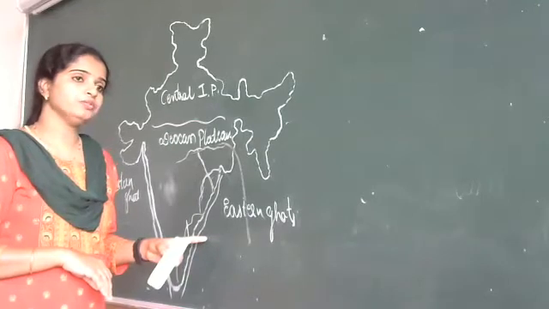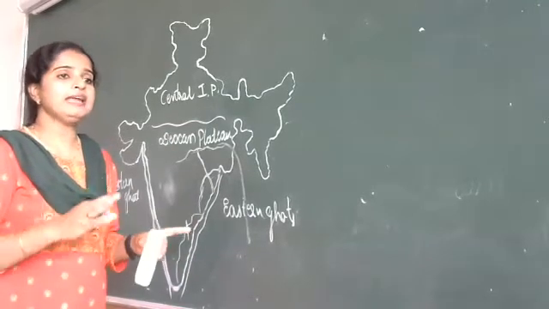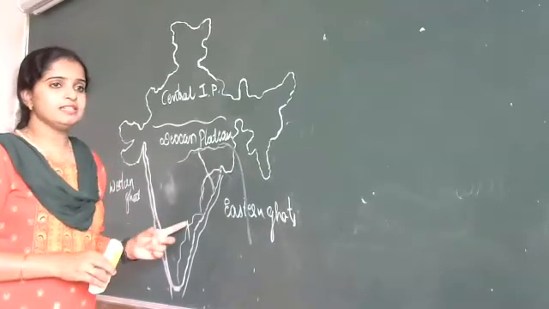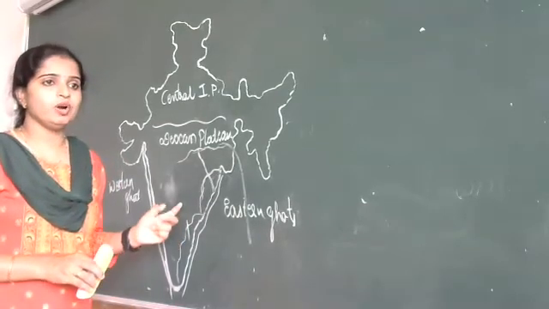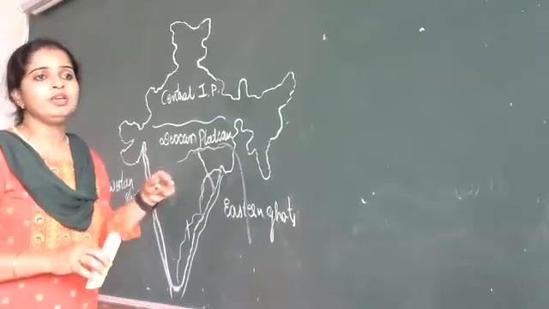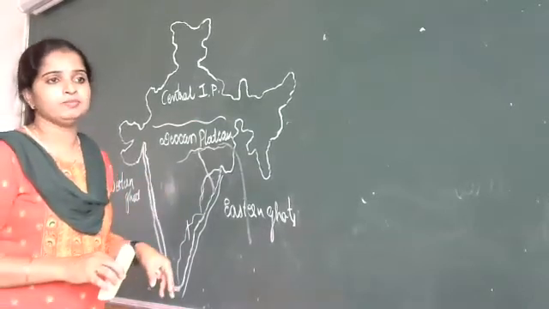Karnataka and the state Tamil Nadu. Okay, Tamil Nadu. These both states fight more for this Kaveri water because the main origin of Kaveri is in Karnataka, yet Kaveri flows through the whole of Tamil Nadu.